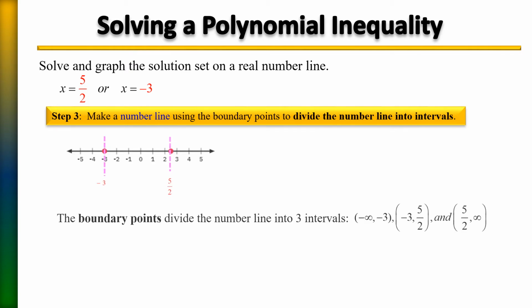Once we do our number line, we're going to have an interval from -infinity to -3, another interval from -3 to 5/2, and the last interval from 5/2 to +infinity.